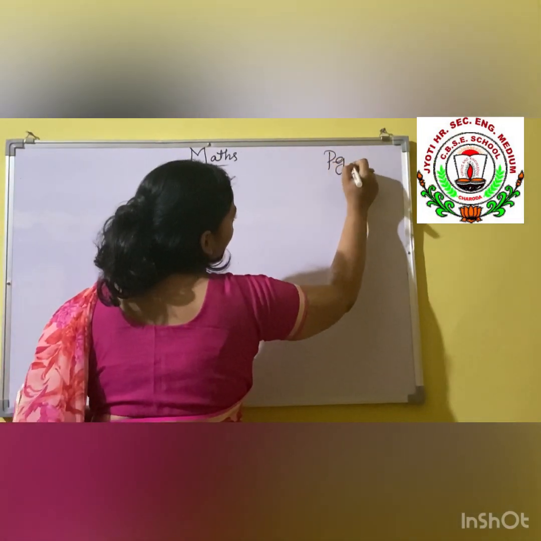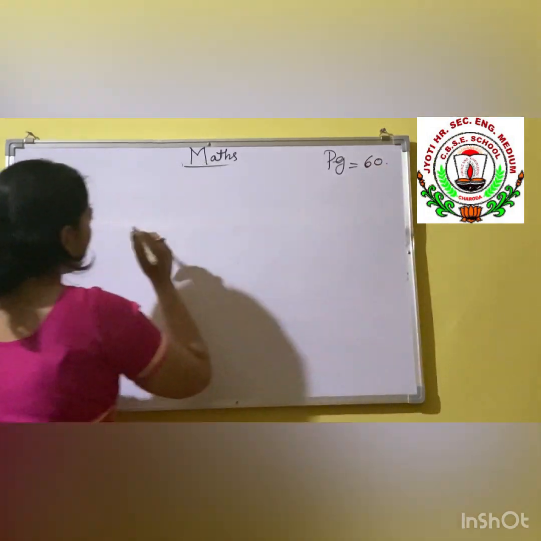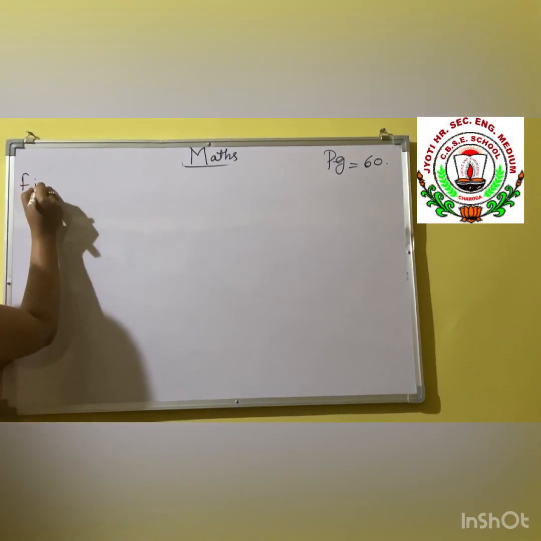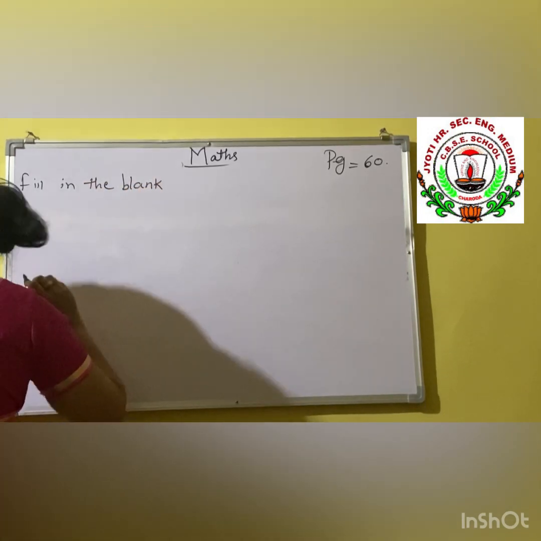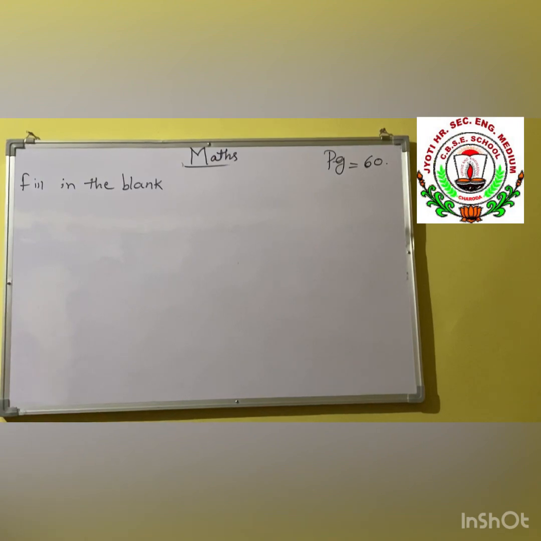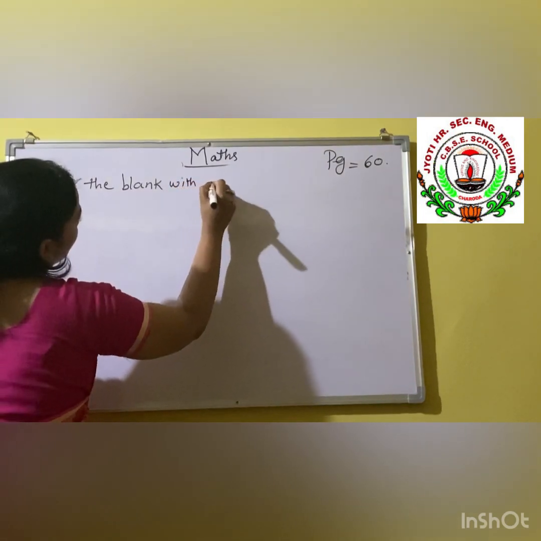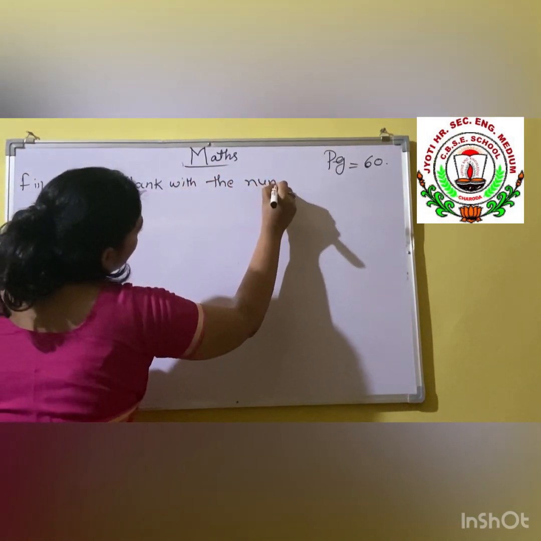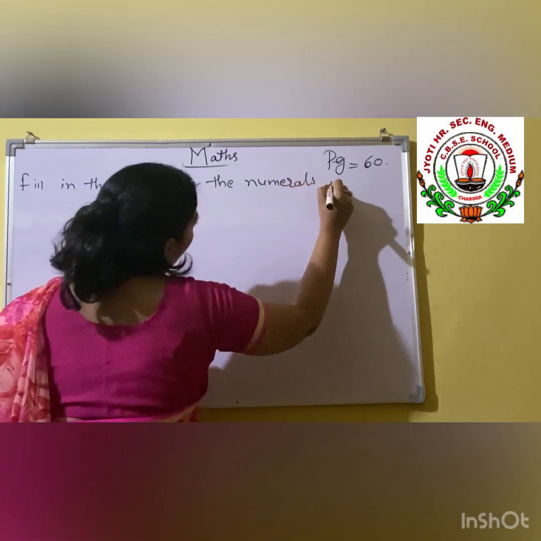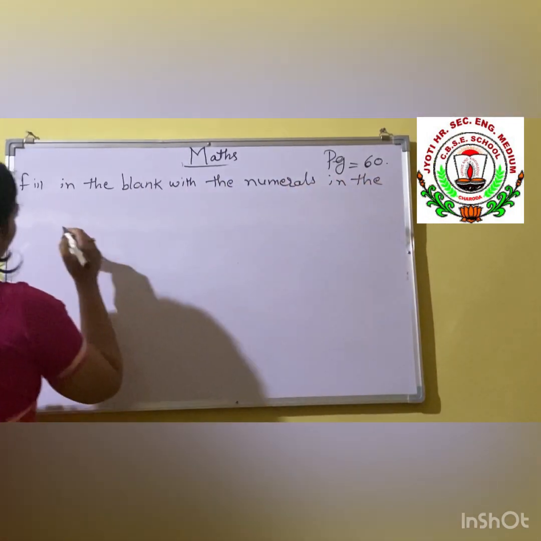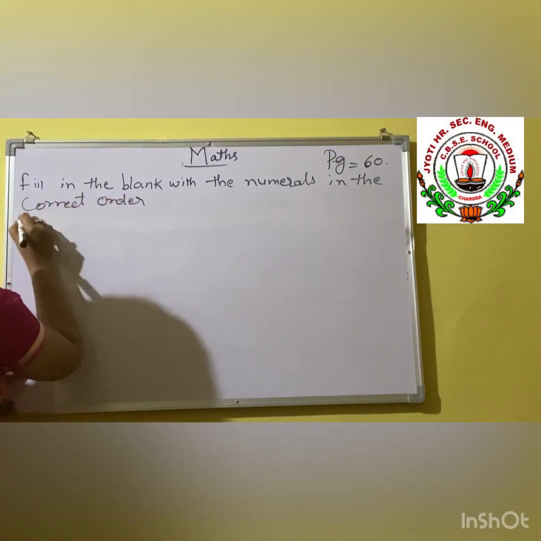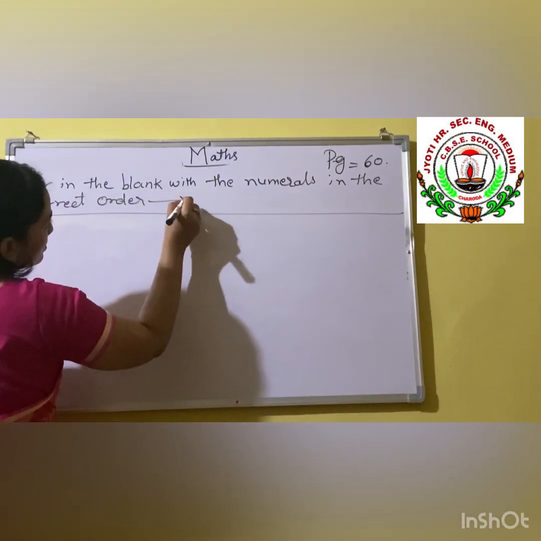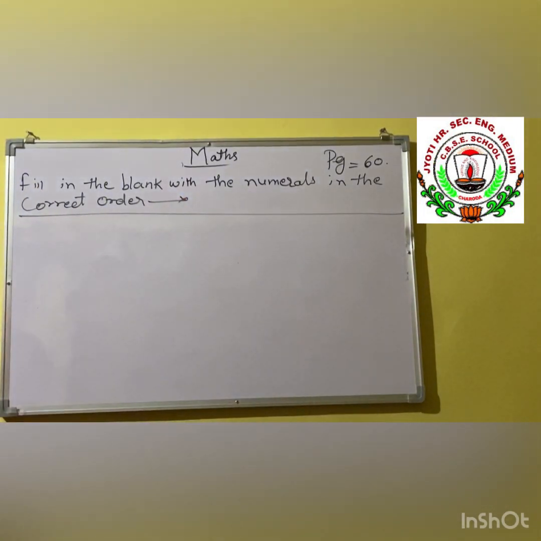In page number 60, you are going to see that a fill in the blanks is given over there: fill in the blanks with the numerals in the correct order. This question is given in page number 60.